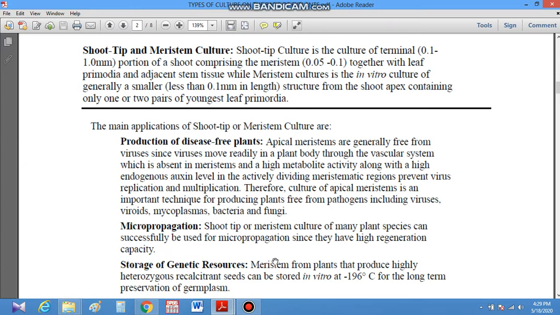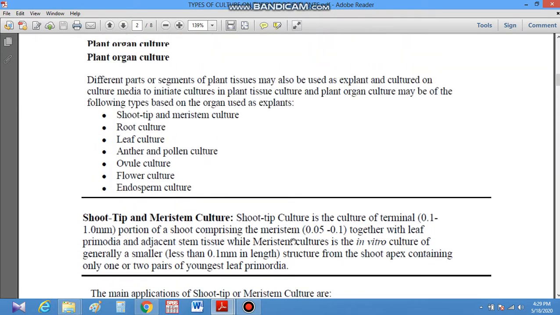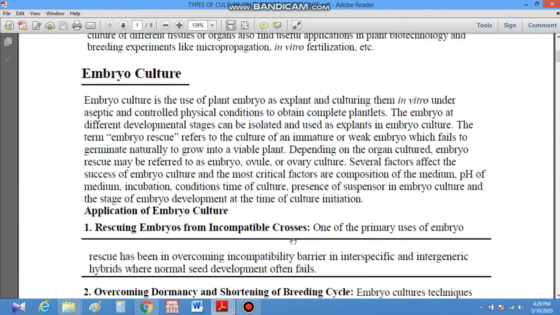Next is embryo culture. Regeneration of a whole plant from an embryo in the culture medium is called embryo culture. This technique is used to make distant crosses successful, those crosses which are not possible in nature.